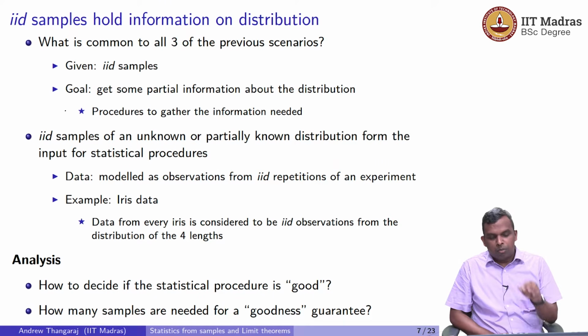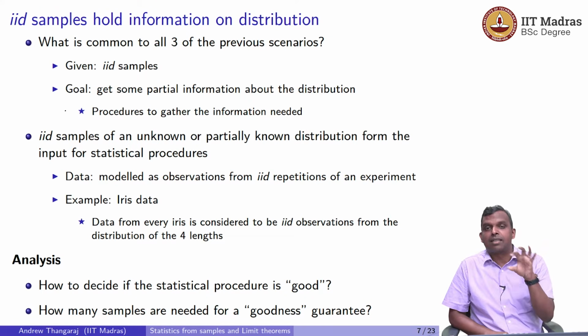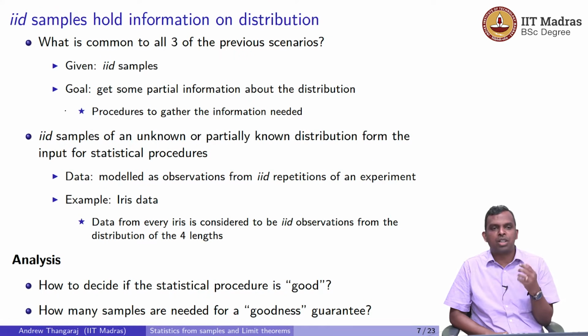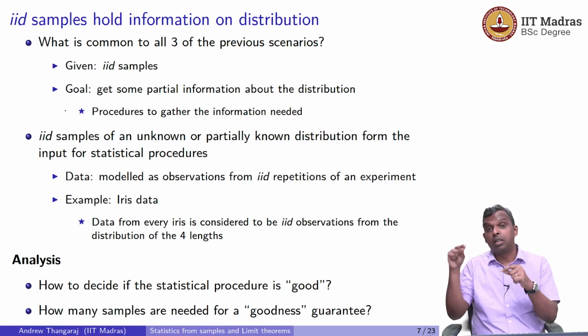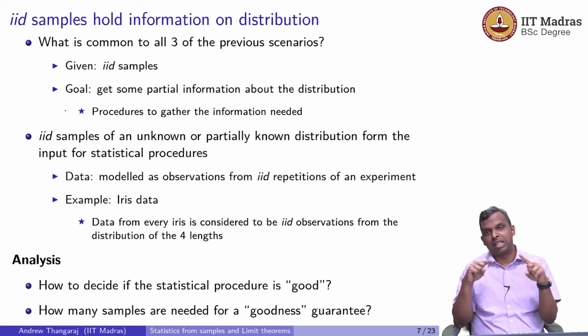Okay, so in general, the way we do our analysis will be, first of all, how to have metrics for your statistical procedure. Any procedure or process or thing that you come up with, usually there'll be a metric for how good it is, right? So you have to decide how to measure goodness; metrics is important. And then the second problem which is interesting is, how is the goodness metric connected to the number of samples?